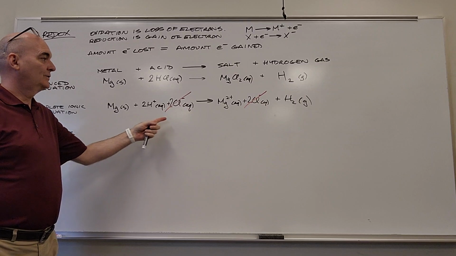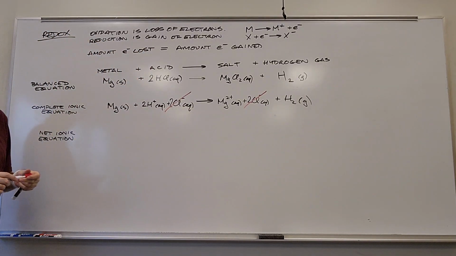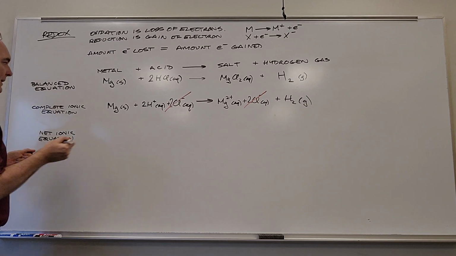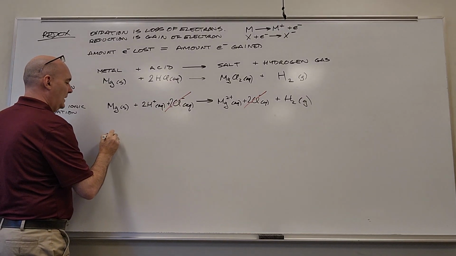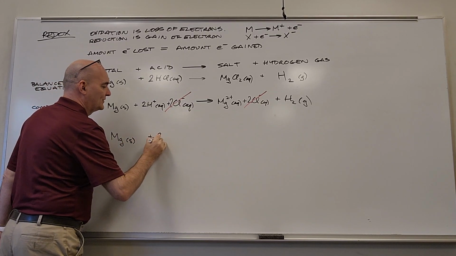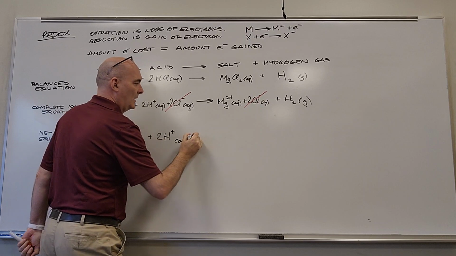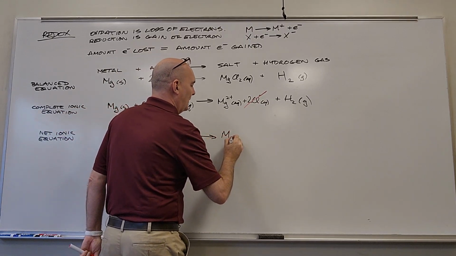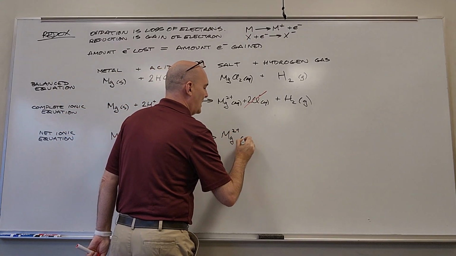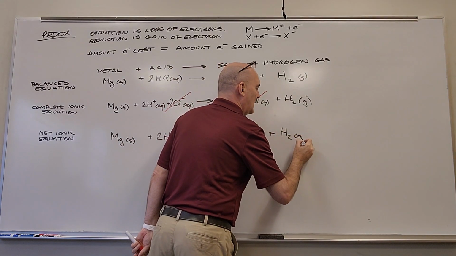Those two hydrogens, this magnesium 2 plus, that hydrogen. Okay, so the net ionic equation is some magnesium reacts with some protons and makes magnesium 2 plus ions and hydrogen gas.